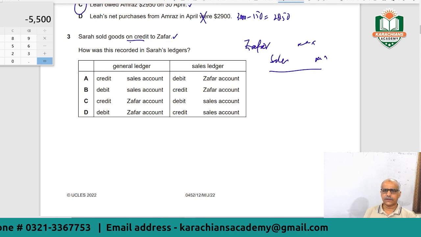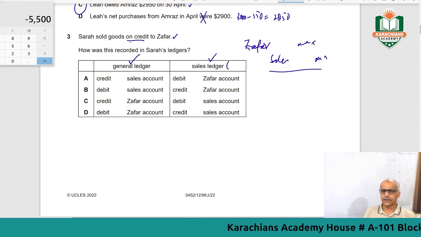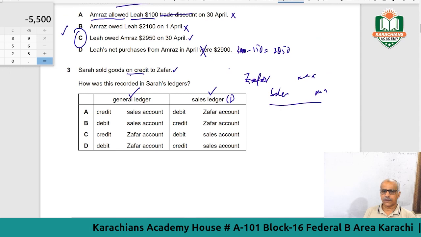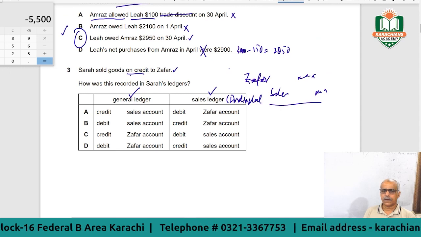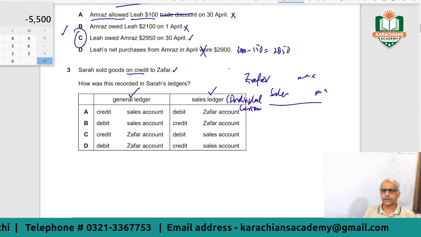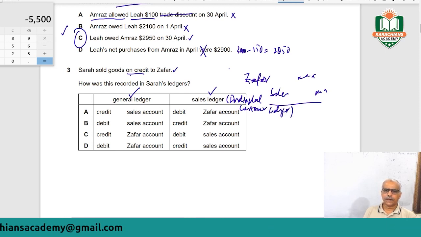So this will be the individual account. One is a general ledger and the other is a sales ledger, and sales ledger means this is the individual customers' ledger, right?